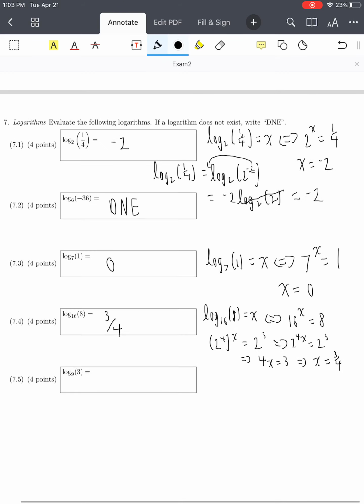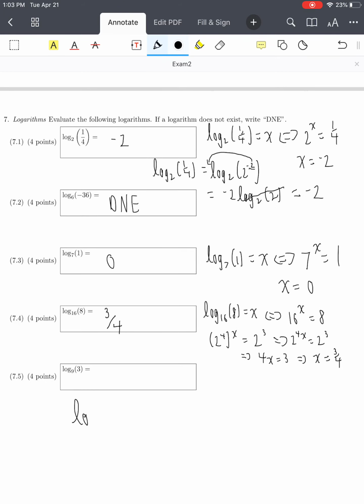Okay, and then for the last part of this problem, log base 9 of 3. I'm just going to keep it in this form. Log base 9, but 3 in terms of 9 is just 9 to the 1/2.